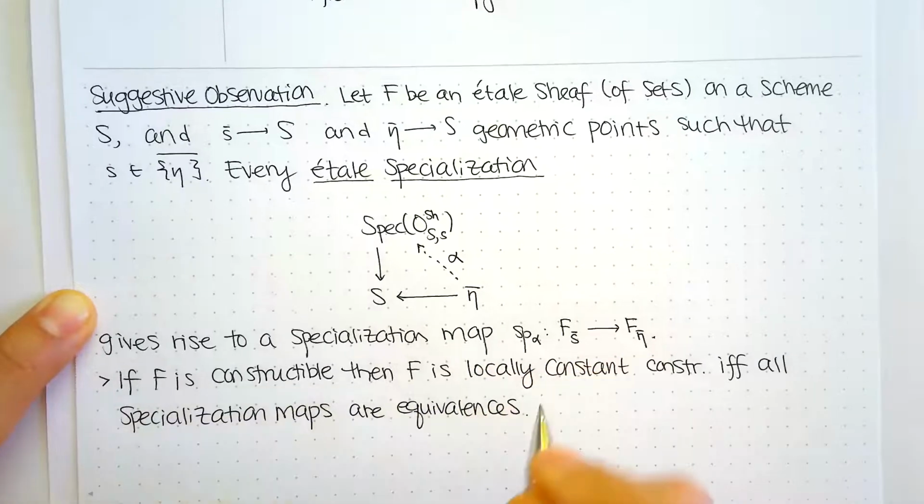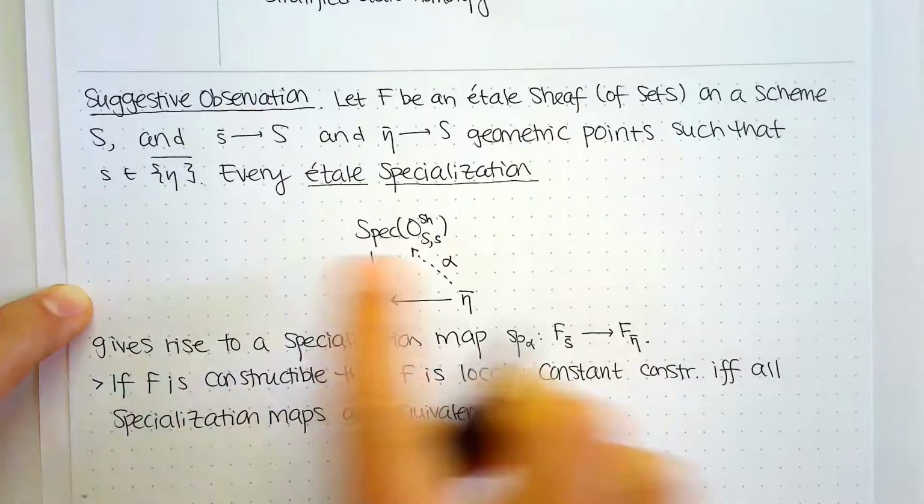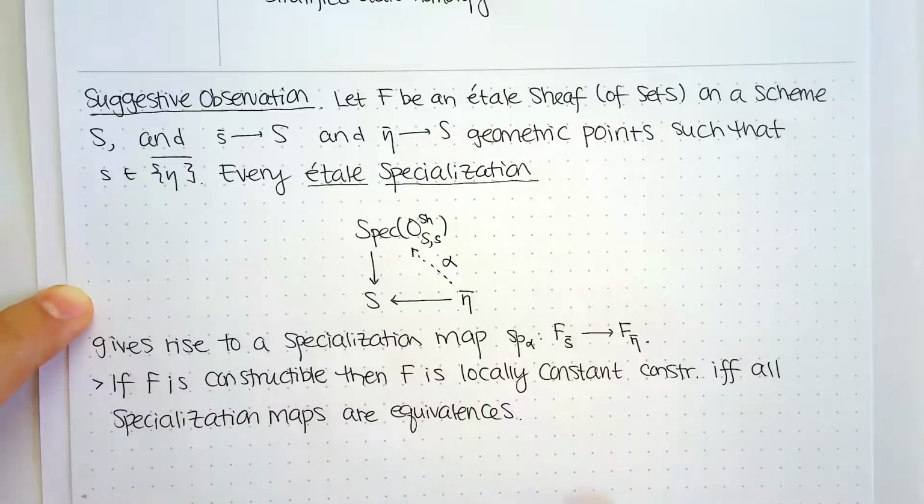Meaning, whenever I'm in this situation of this observation, this map is an equivalence.